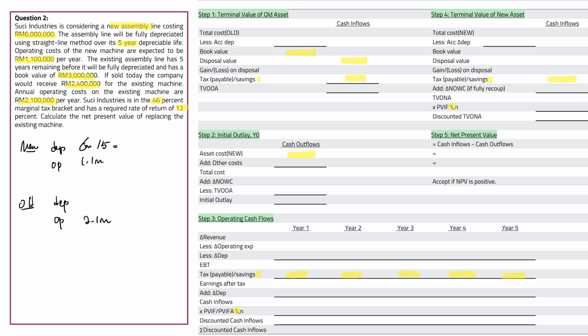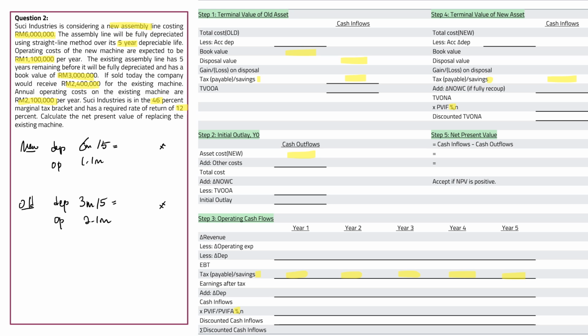It doesn't say what depreciation method they use, but let's just assume that it also used the straight line method. So depreciation for the old machine is going to be 3 million divided by 5. Whatever number you get from here, just compare them.